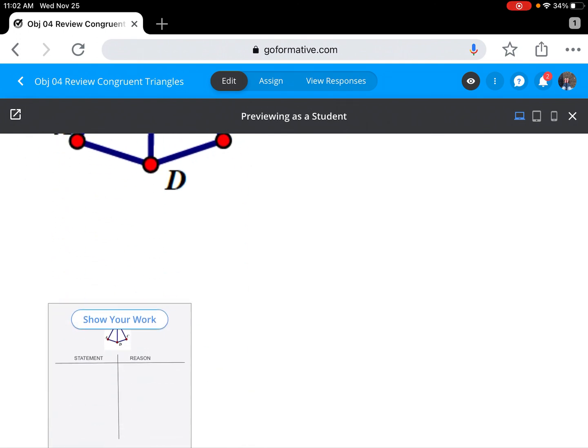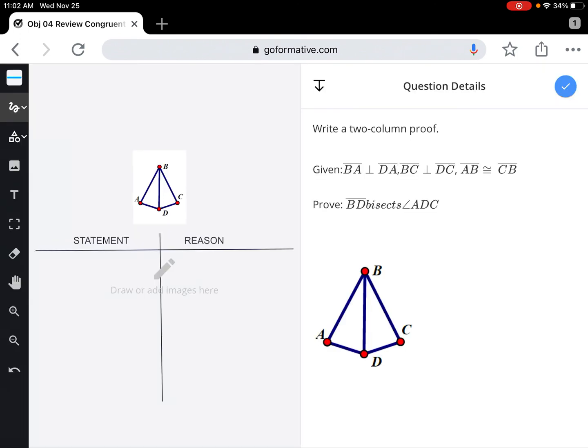All right, last one. Okay, this one's a little dicey. So it says BA is perpendicular to DA. Okay, so BA is perpendicular to DA. BC is perpendicular to DC. These are both given.